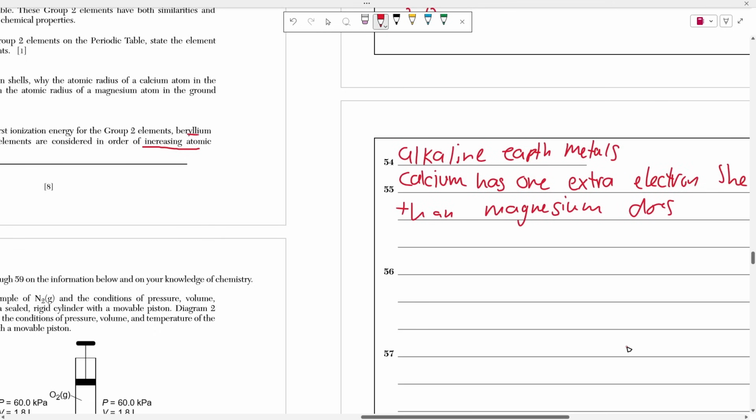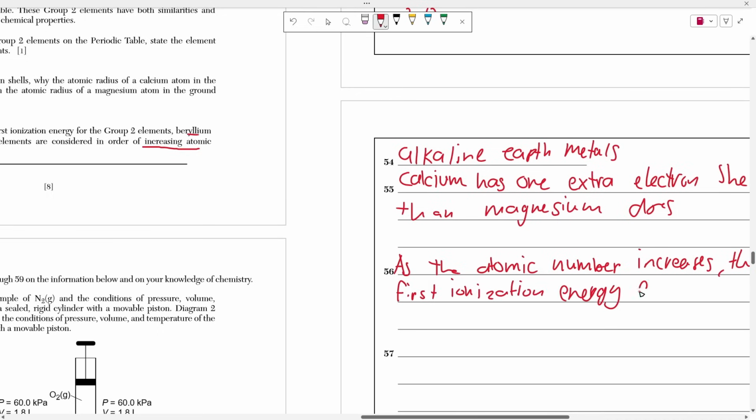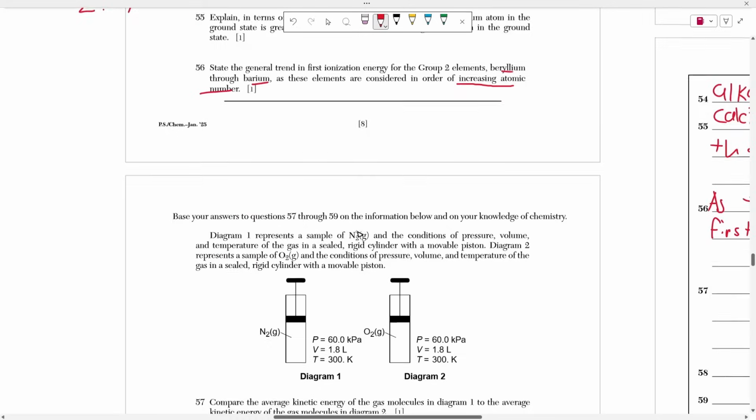You can say that as the atomic number increases, the first ionization energy decreases. And that's all you need to do to score full points here. You don't need to explain why, you just need to state the trend that you see, okay? And if you look at Table S, you'll never get it wrong.